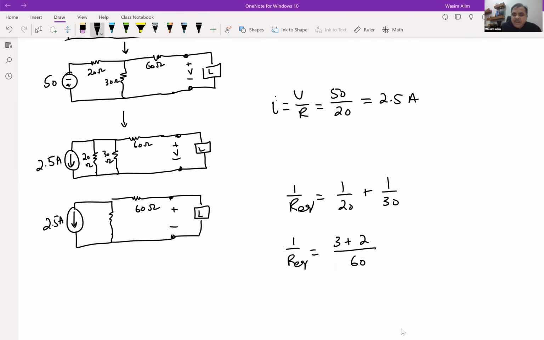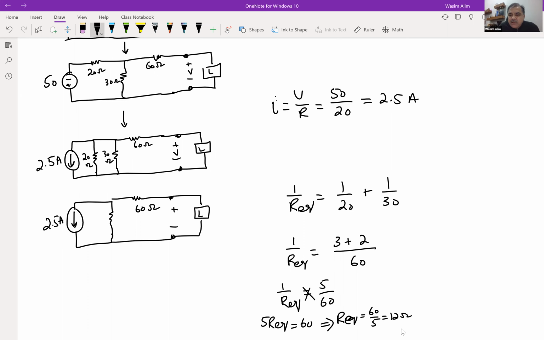So I end up with 1 over R equivalent equal to 5 over 60. By cross multiplication, 5 R equivalent is equal to 60, and dividing both sides by 5, R equivalent is 60 divided by 5, which is 12 ohms. That is the process for this technique.